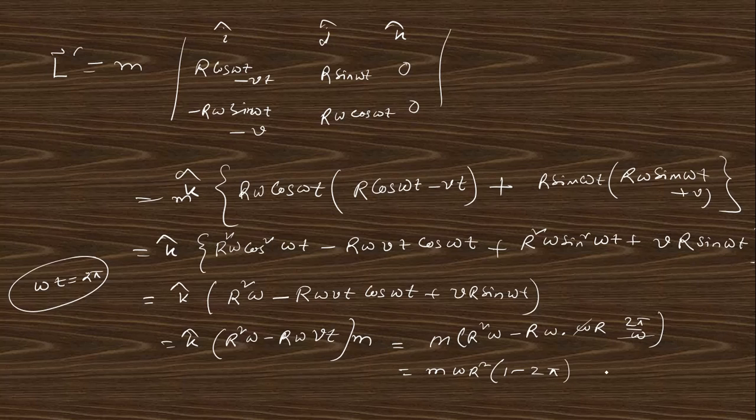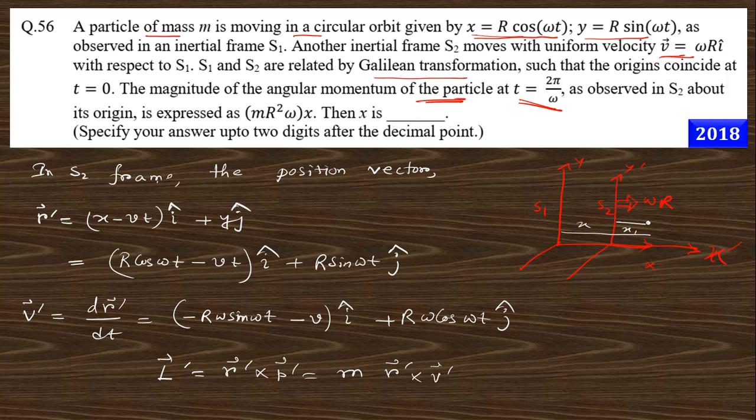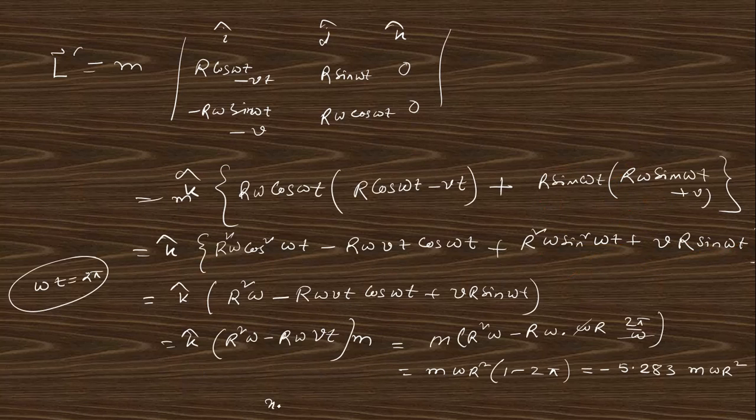The value of 1 minus 2 pi is nothing but minus 5.283. So this is minus 5.283 m omega r square. So if you take only the magnitude, the value of x will be like that.